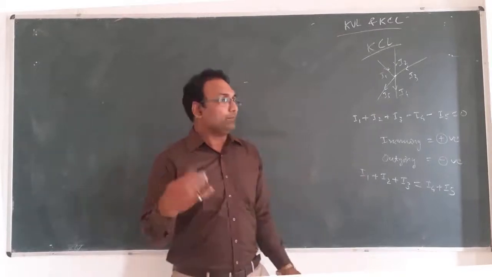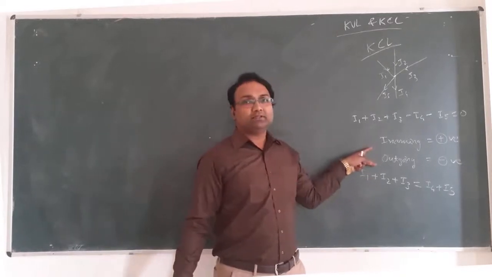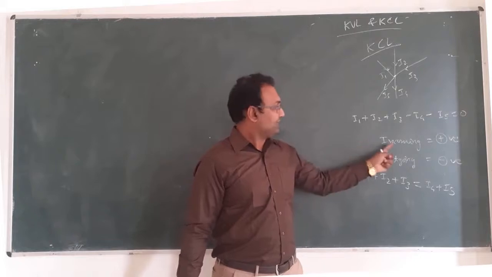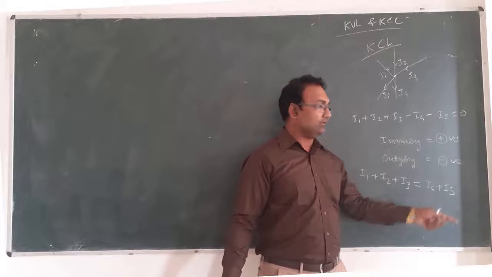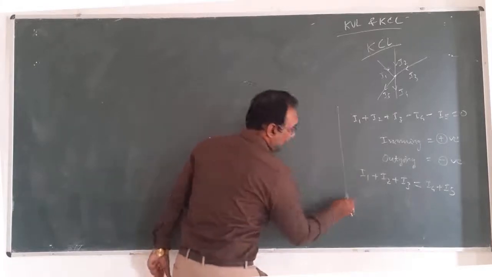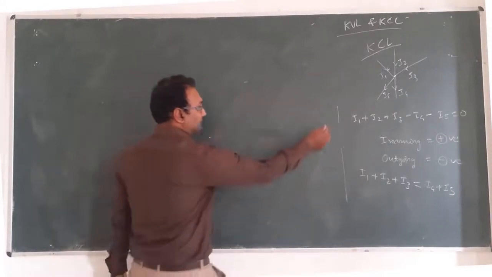Fine. What happens if we consider the opposite one? Means if we consider the incoming as negative and outgoing as positive, then what? Nothing will change. It will give you the same result. How? Let's see.